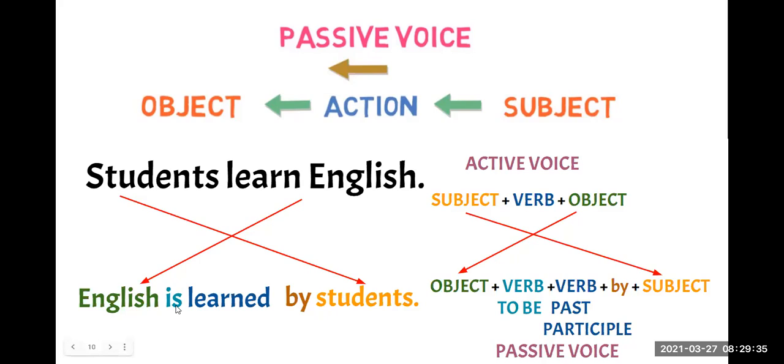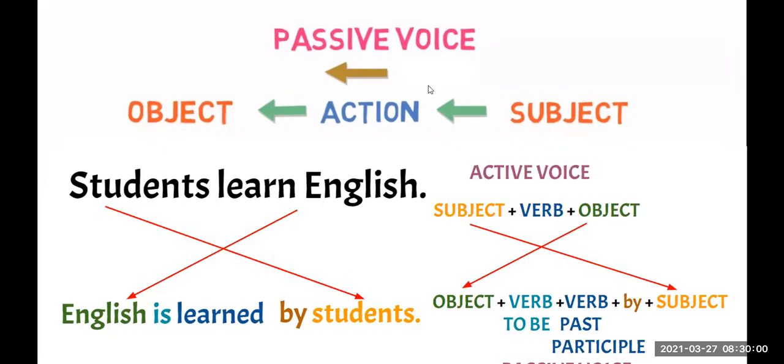I want you to take this into consideration: the verb be is the one who defines the tense of the sentence. Okay? If my verb in the active voice is in the present simple, the verb to be is in the present simple. If the verb is in the past, the verb to be needs to be in the past. Let's imagine that this verb is in the past.